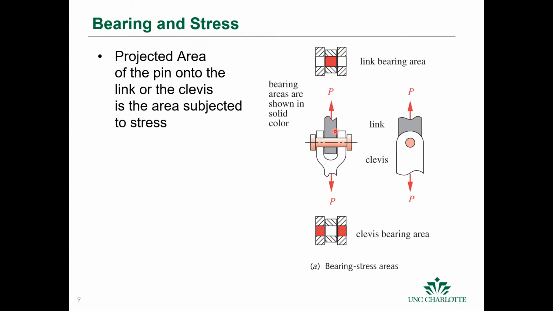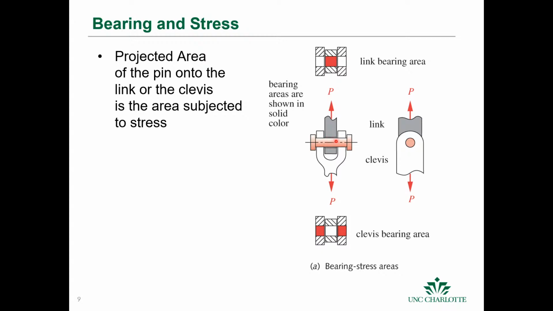stress. Okay, so the bearing stress is actually the projected area. So it's actually the area, the cross-sectional area that's under there. So this is the length of that pin inside that joint times the diameter.